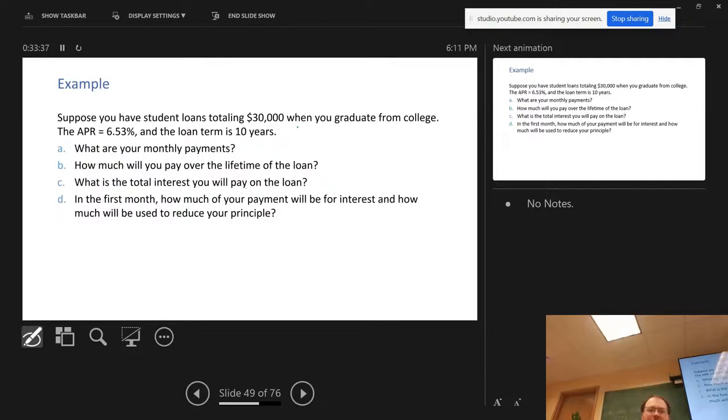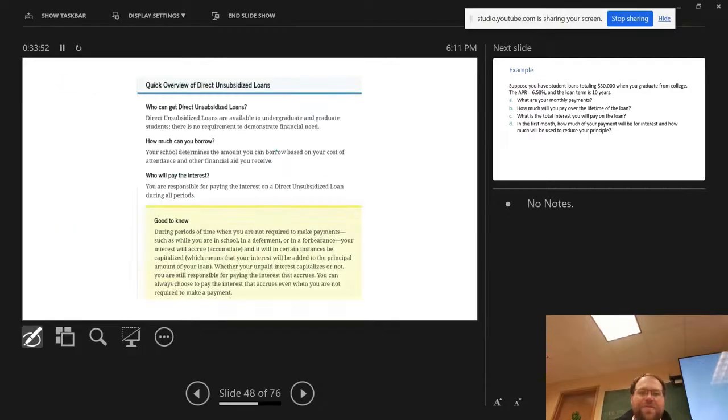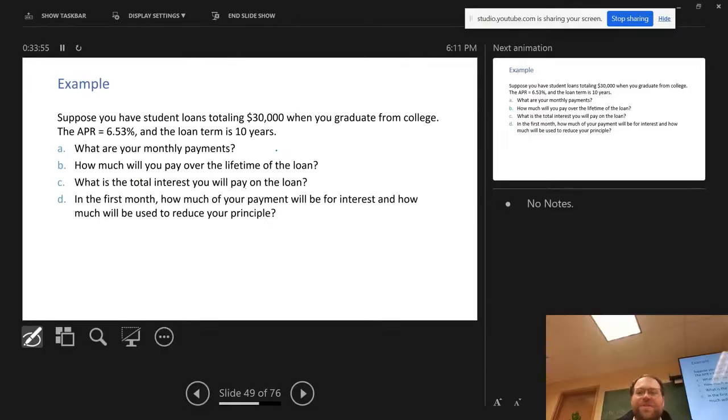So an example here, suppose we have student loans totaling $30,000 when you graduate from college. APR is 6.53% and the loan term is 10 years. What are your monthly payments? Well, to do that, we could use the Excel method, but this might be better if I just show you visually here.